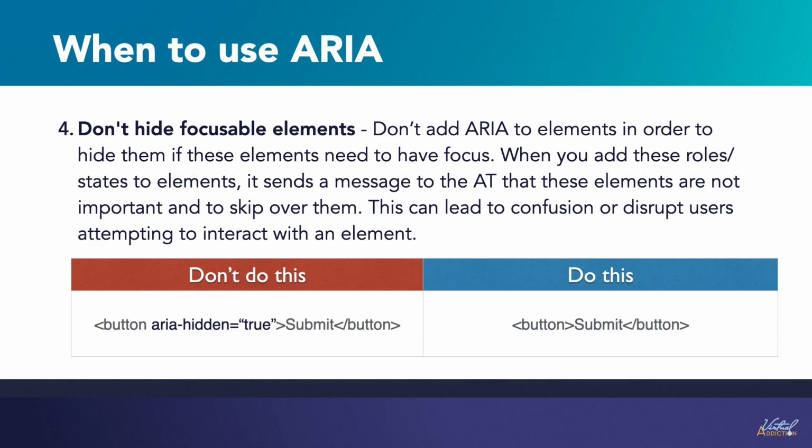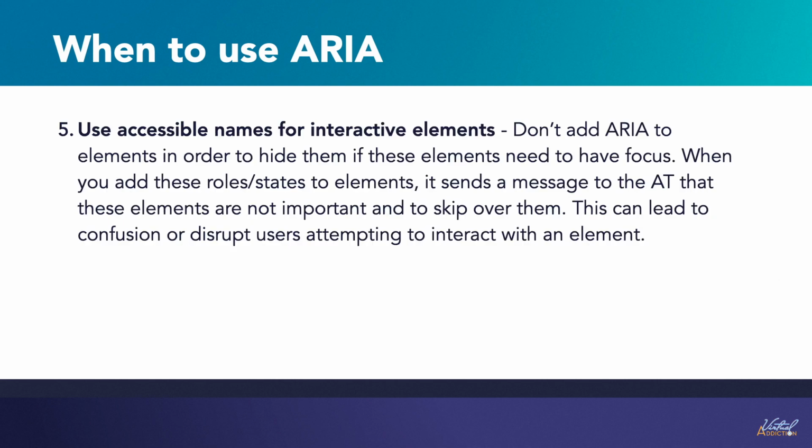When we add these roles or states to elements, it sends a message to the assistive technology that these elements are not important and they'll actually skip over them. This can lead to confusion and disrupt users attempting to interact with those elements. So instead of using a button with an ARIA hidden of true, I just want to use a generic button.